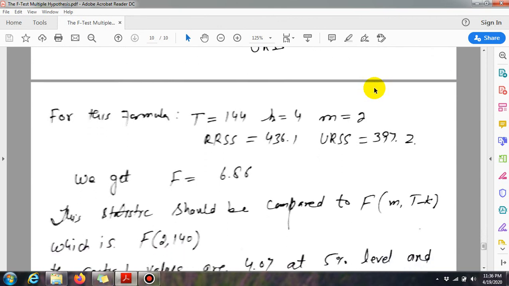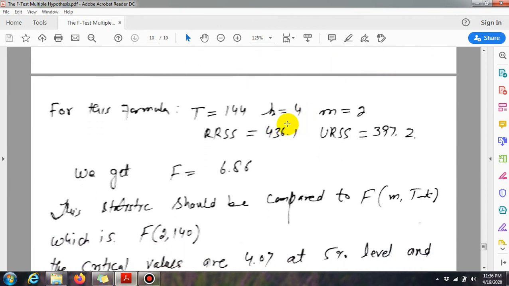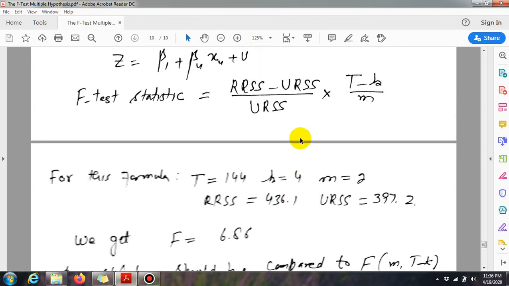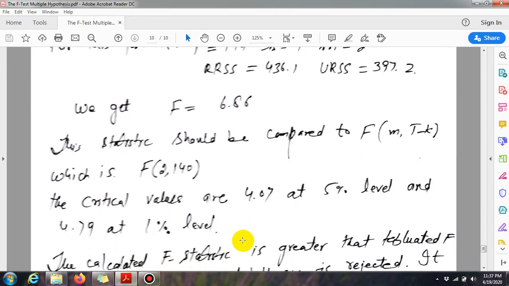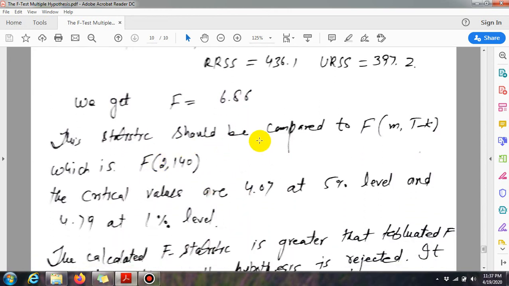Putting these values in this formula, we get our calculated F equal to 6.86.